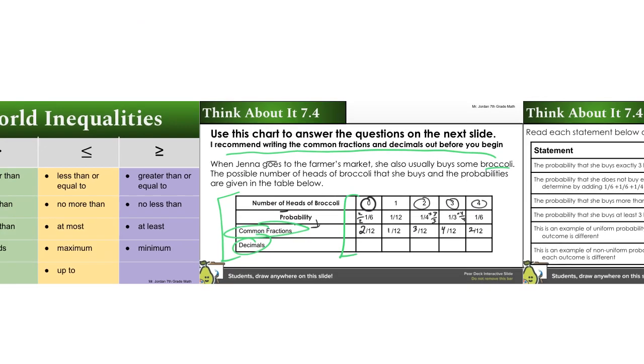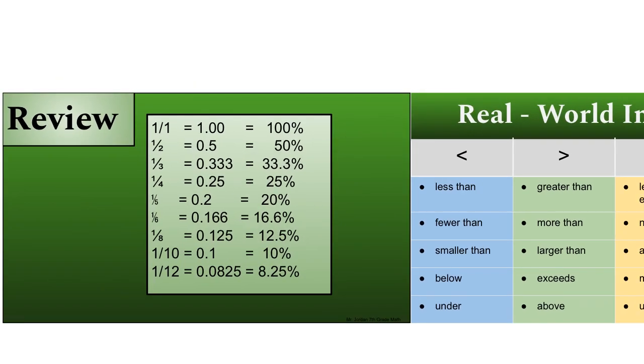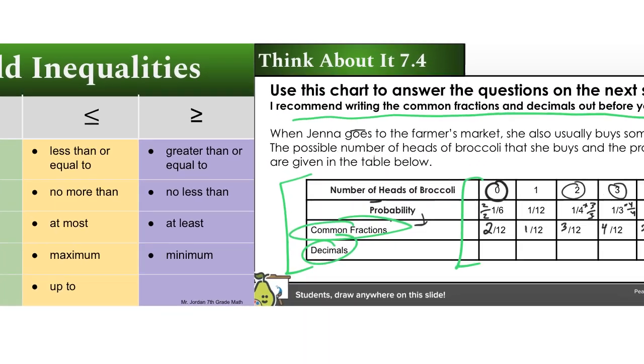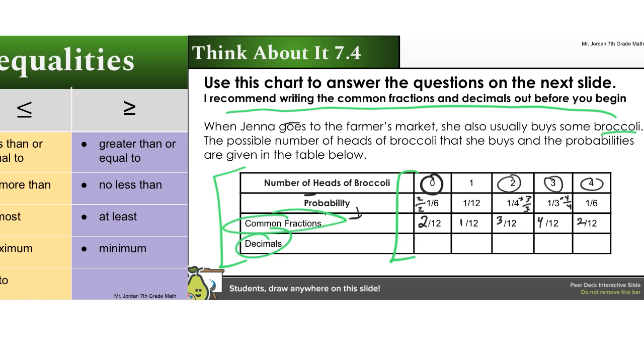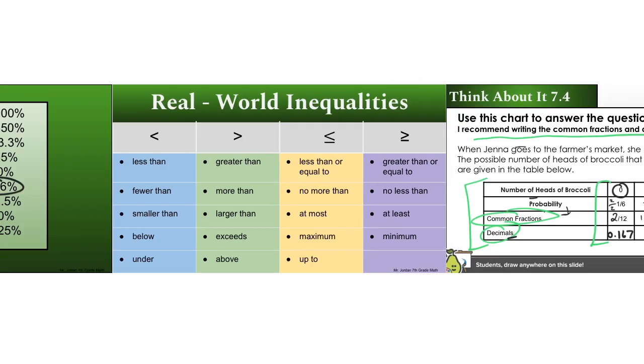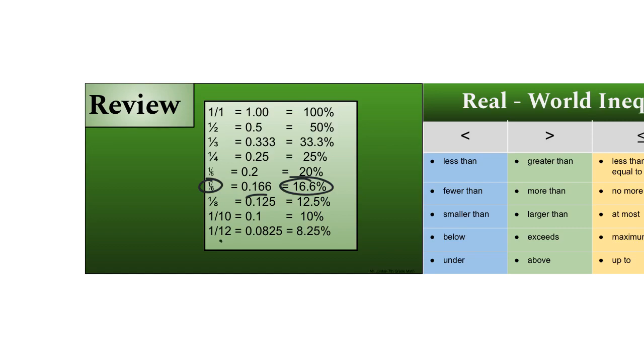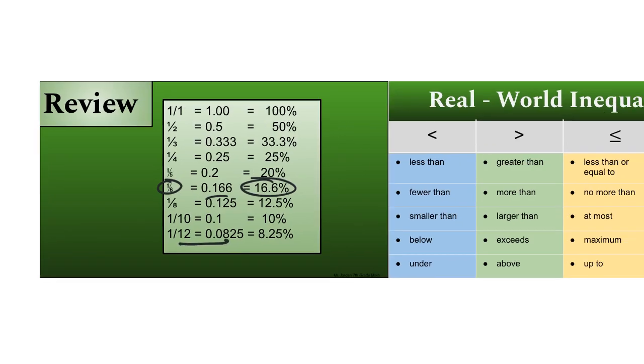Now, I also put these here, and so the probability of 1/6 would be like 16% or 0.167 as well. When I have these, 1/6, if we want the decimals, it's 0.167. 1/12, 0.0825.